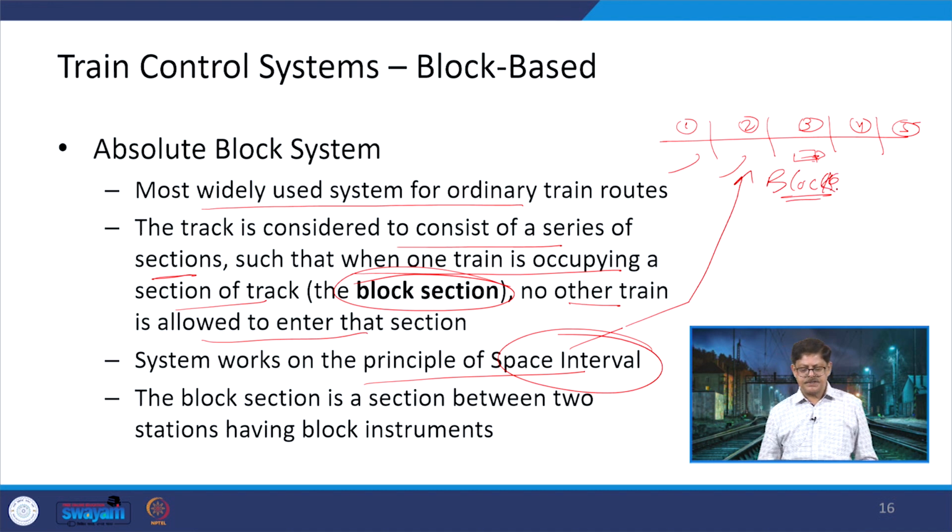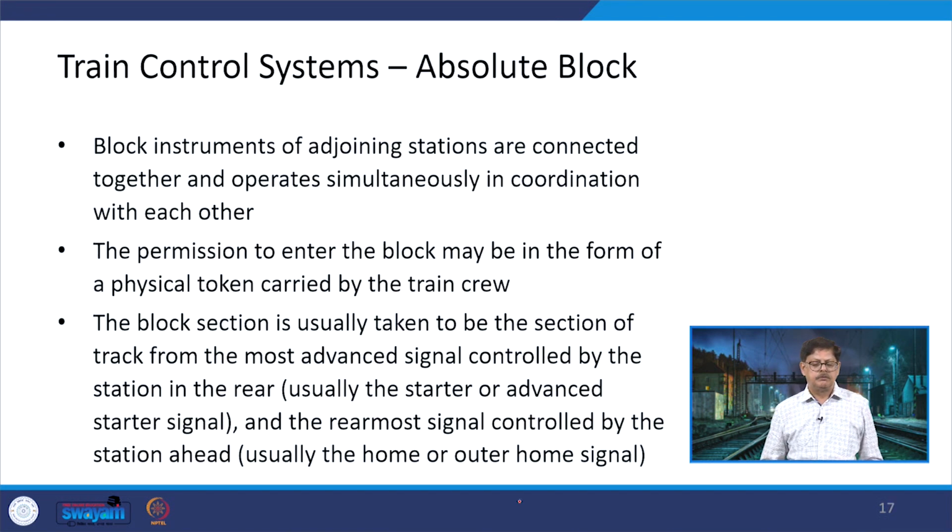The block section is a section between the two stations having block instruments. Block instruments of the adjoining stations are connected together and they operate simultaneously in coordination with each other. We have discussed it when we were talking about the key interlocking system. So, now the combination of the interlocking systems and the signals or the points is what we are talking about again here.